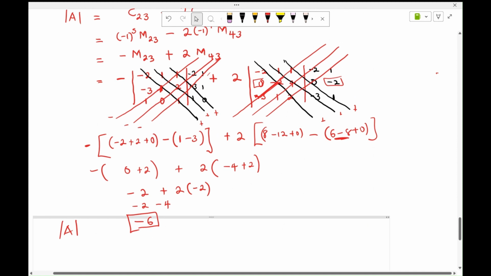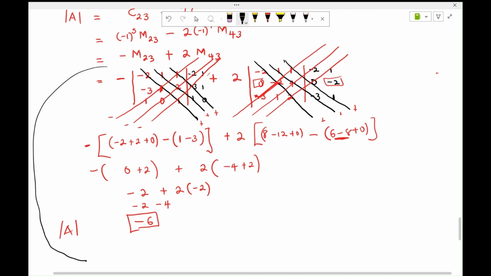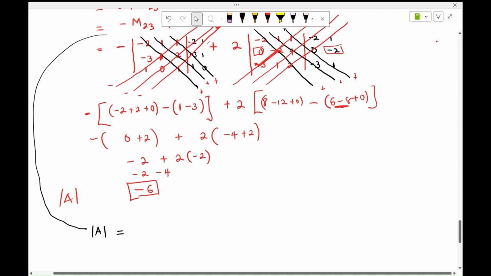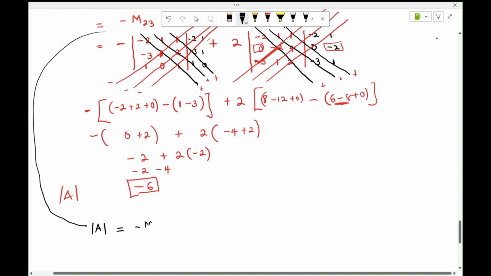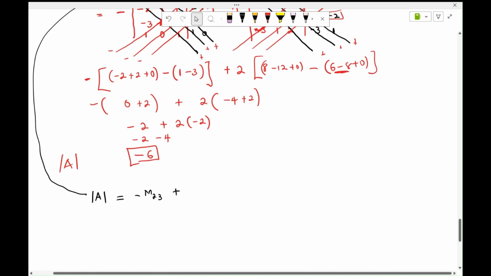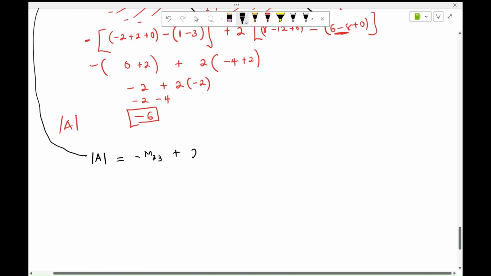So what I mean is that when we got to this point, remember we got to the determinant of A, it's minus M23 plus 2M43, okay?